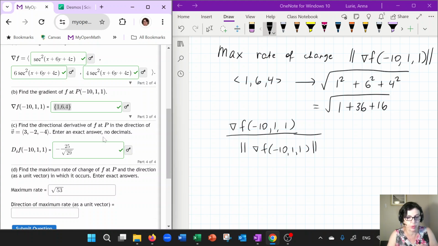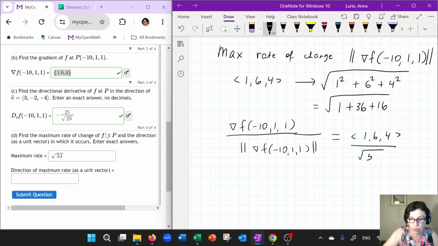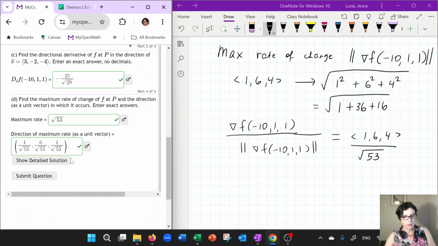It wasn't the square root of 29. See, people get confused here. So you take your gradient and divide it by its magnitude, which was the square root of 53, okay? So it's not the same thing as that vector v thing. So I'm just dividing each component by the square root of 53.